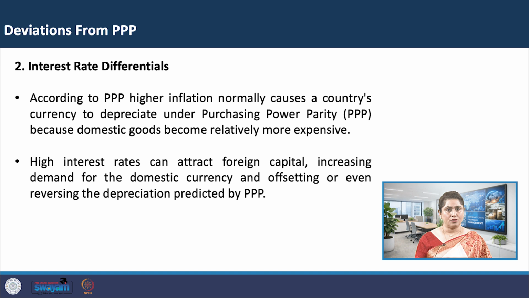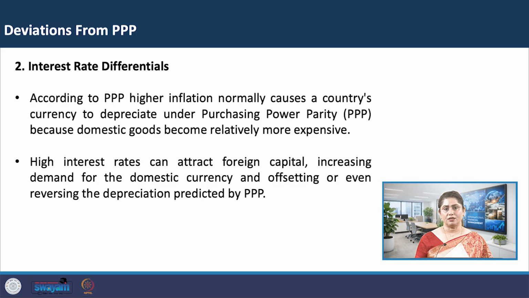As a result, even though inflation was putting downward pressure on the currency, capital inflows were putting upward pressure on it. In some cases, the effect of strong capital inflows was powerful enough to prevent the currency from depreciating as much as PPP would predict.